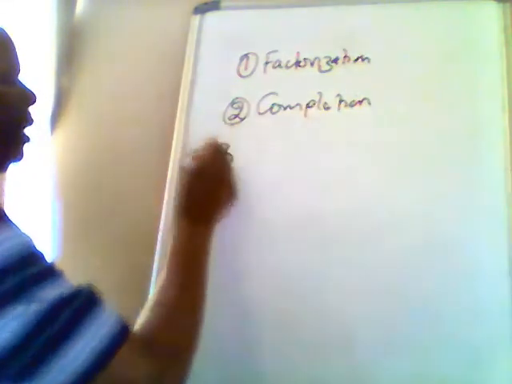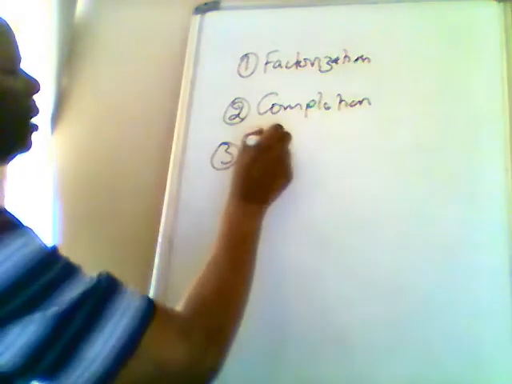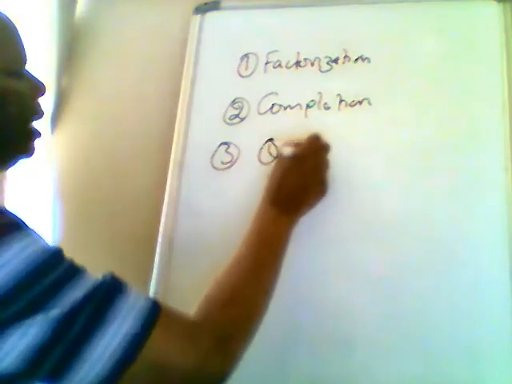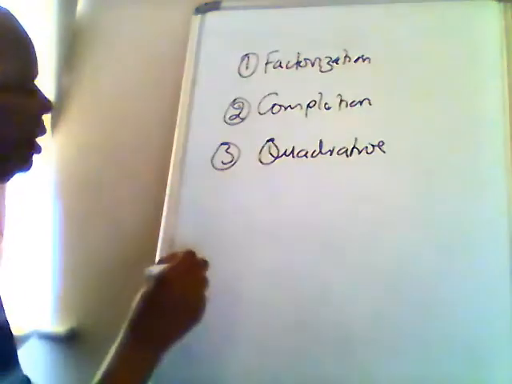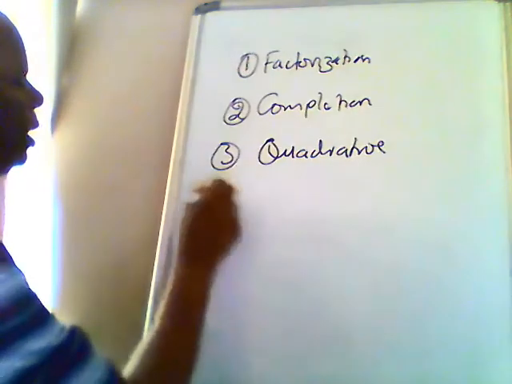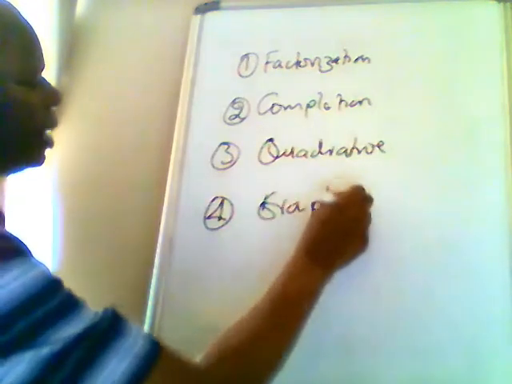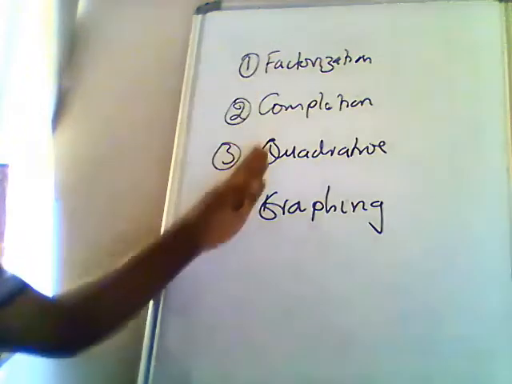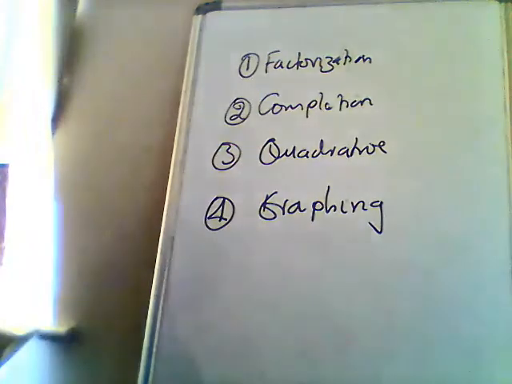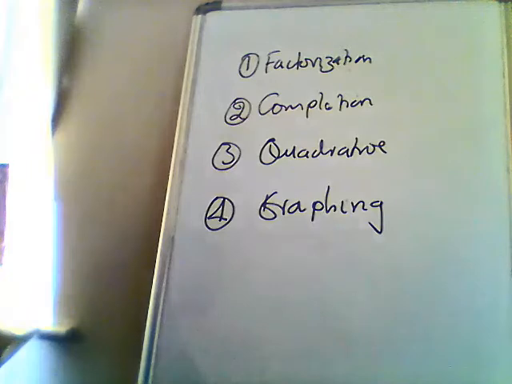Method number 3 is by quadratic formula. And method number 4 is by using a graph, so graphing. These are the 4 methods that we covered when we were going through the tutorials.